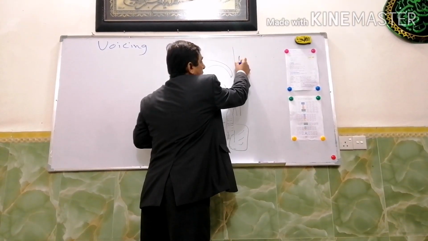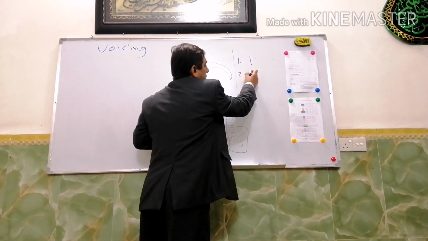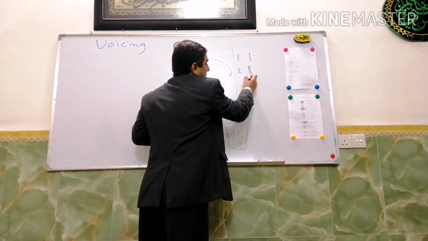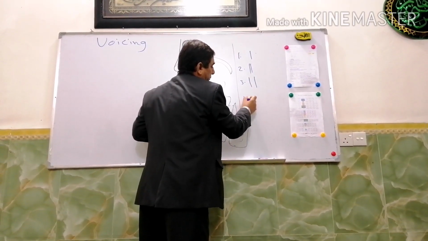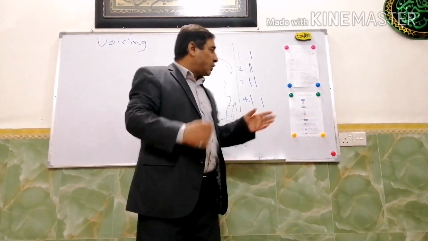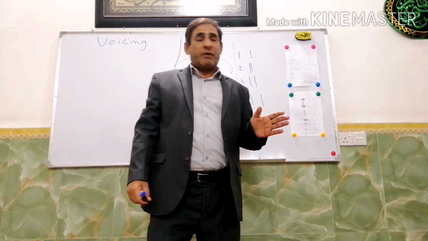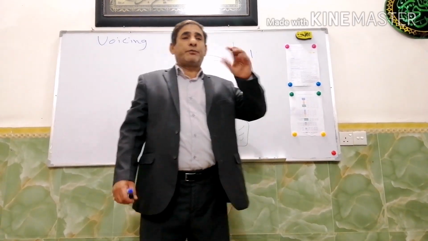These are as follows. Number 1, this is here. Number 2, this is here. 3 and 4. Of course, the vocal folds are not vertical lines like these. In fact, they are called folds.